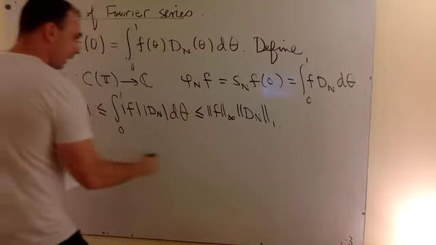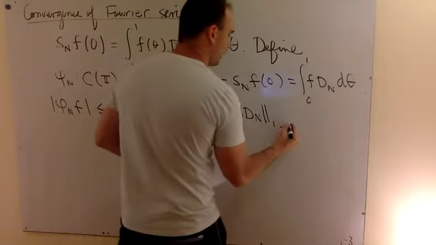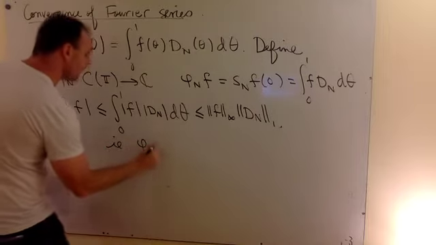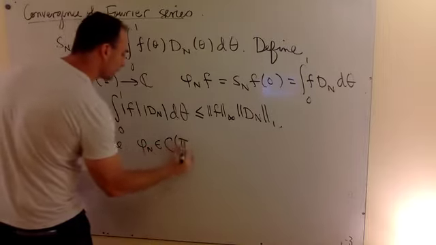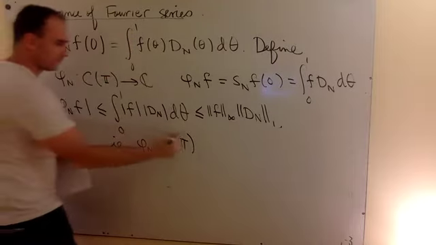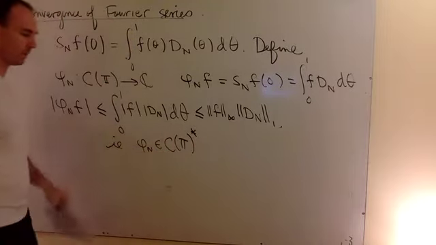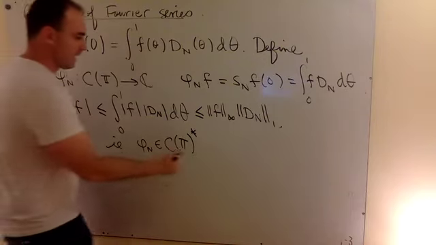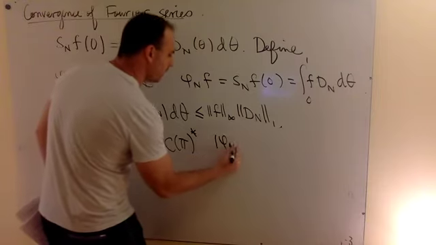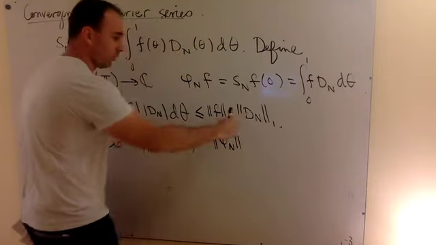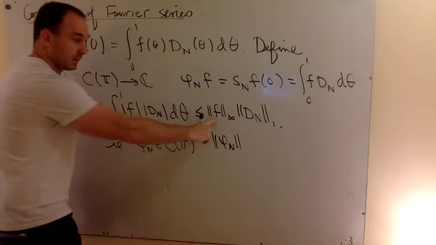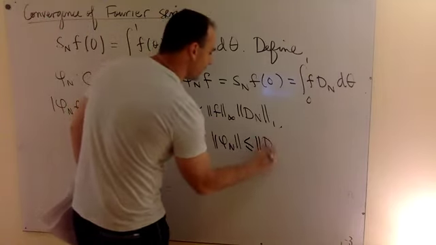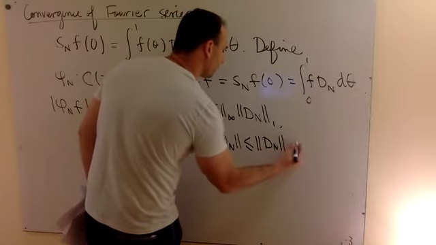However, what this does imply is that this is a bounded linear functional on the space of one-periodic continuous functions, and moreover, its operator norm, which would be like if we took the norm of f equal to 1 and took the sup over all of them, is less than the L1 norm of the Dirichlet kernel.